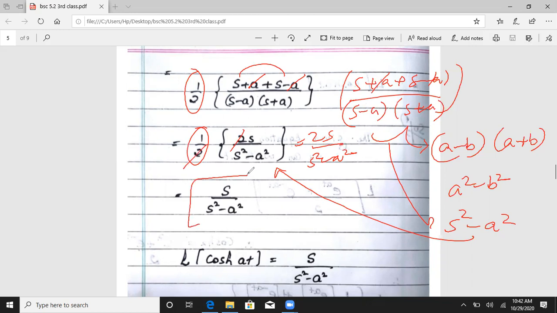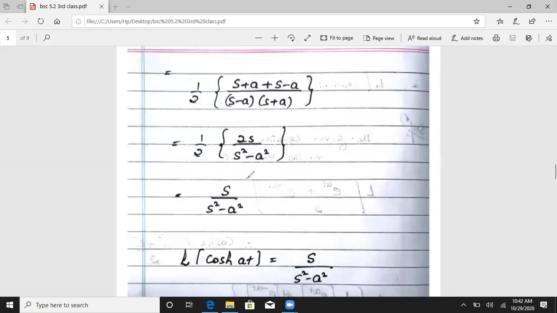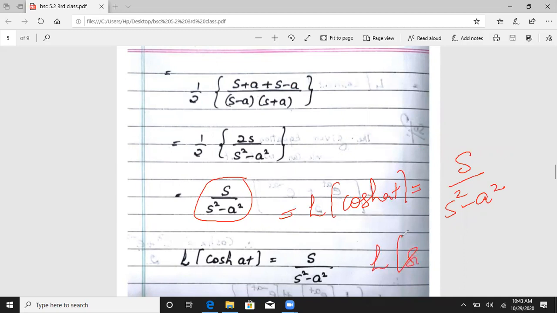We get s divided by s square minus a square. So the Laplace transformation of cosh of at is s divided by s square minus a square. For the last function, the Laplace transformation of sinh of at, we get a divided by s square minus a square.